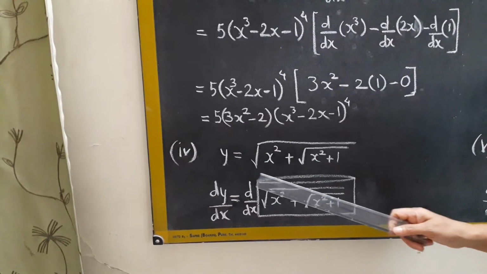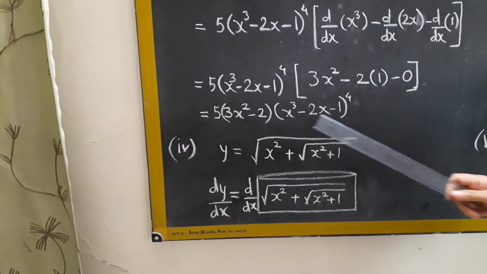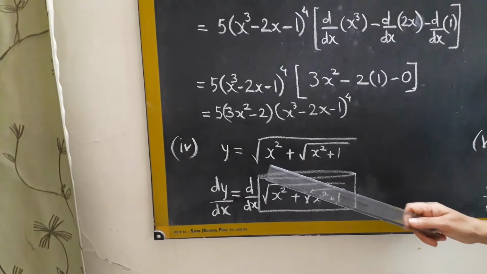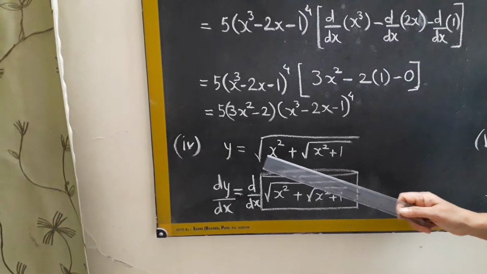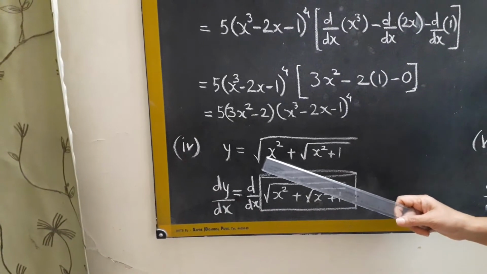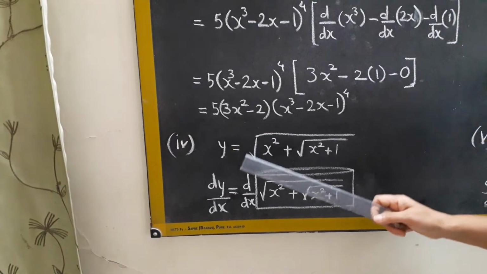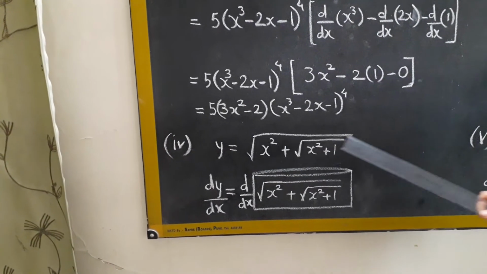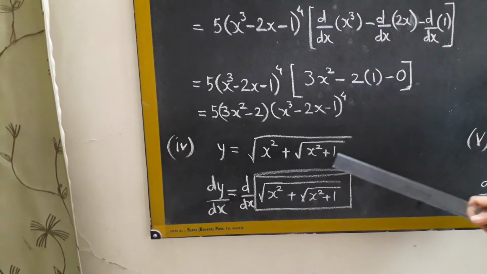What is the type of the function you want to differentiate? When you see the type of function here, I want to differentiate the square root of the expression.